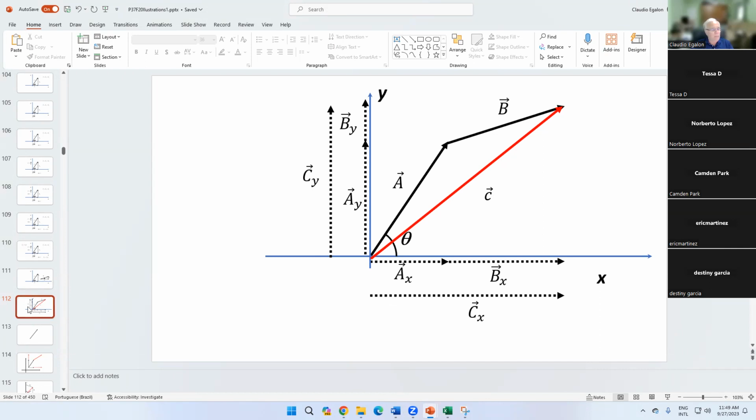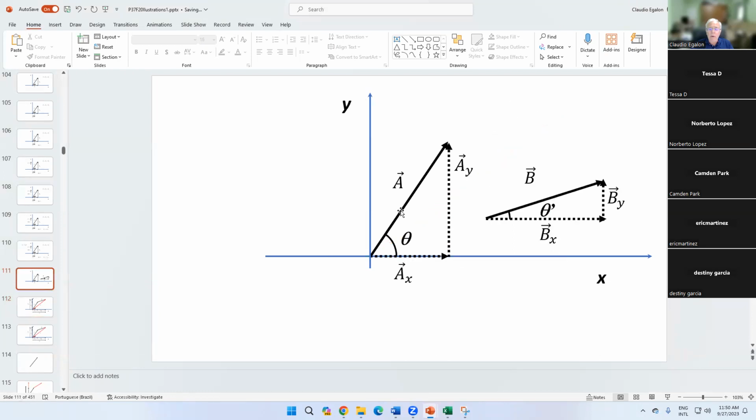Theta 2 prime. So copy and paste, right? I'll get the other one. Okay, theta 1 prime is here.